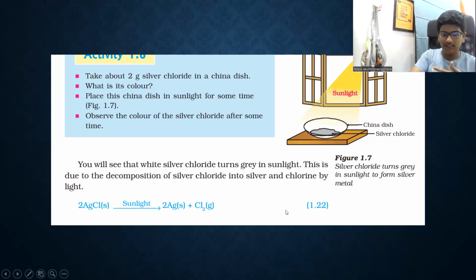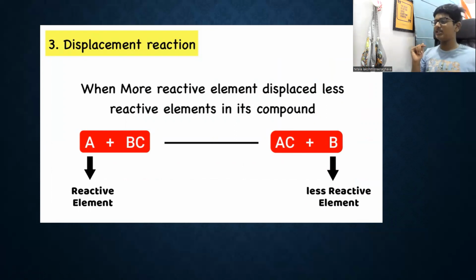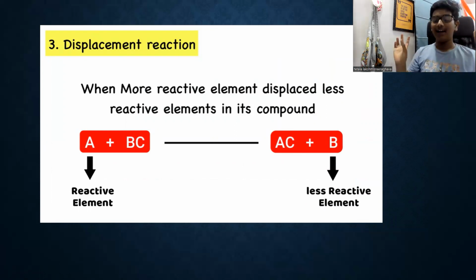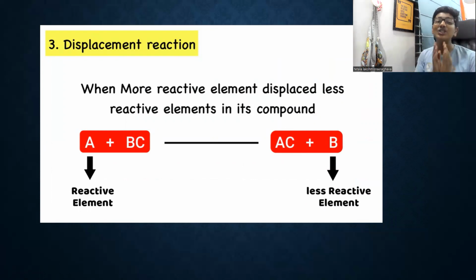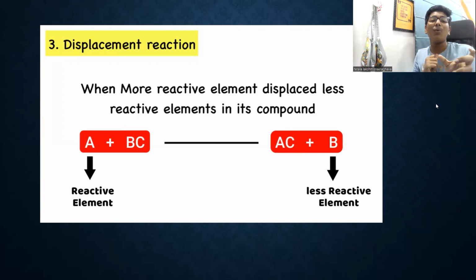Let's move further. Displacement reaction. Here comes the main thing. In schools, many teachers teach in different ways, but most of the teachers choose a funny example. Okay, let us see. When a more reactive element displaces a less reactive element in its compounds.